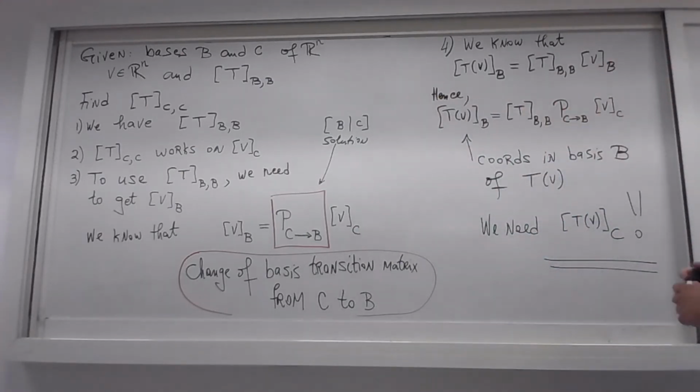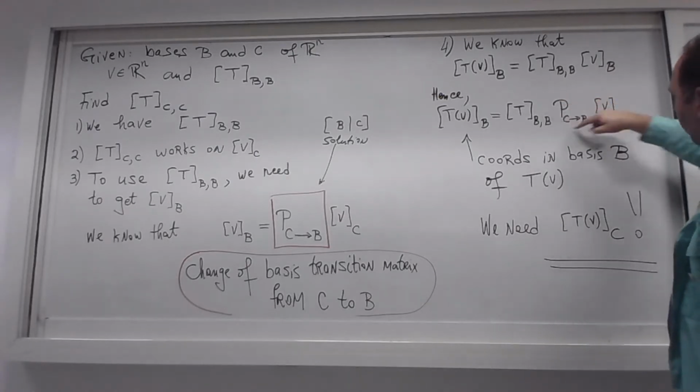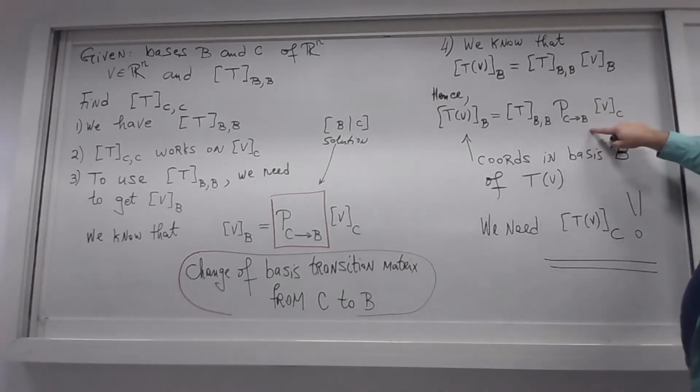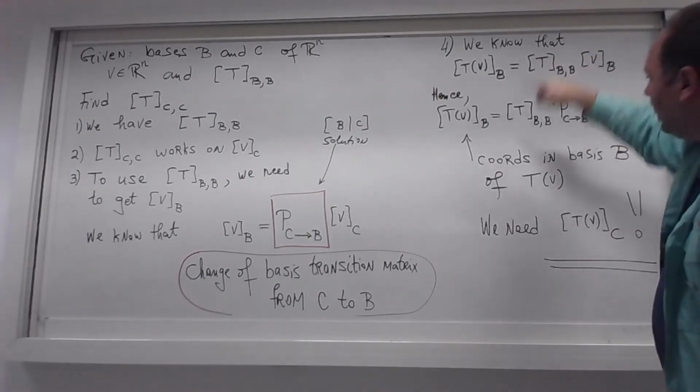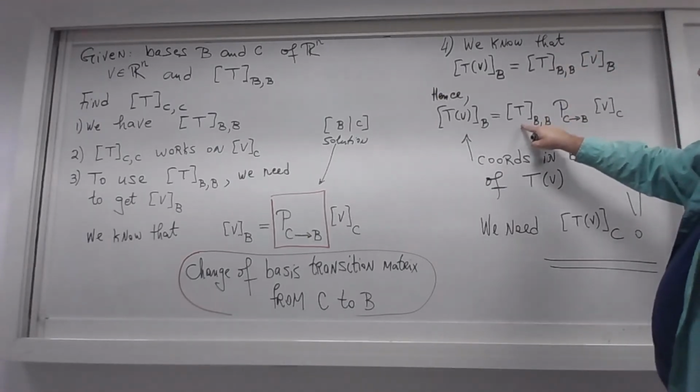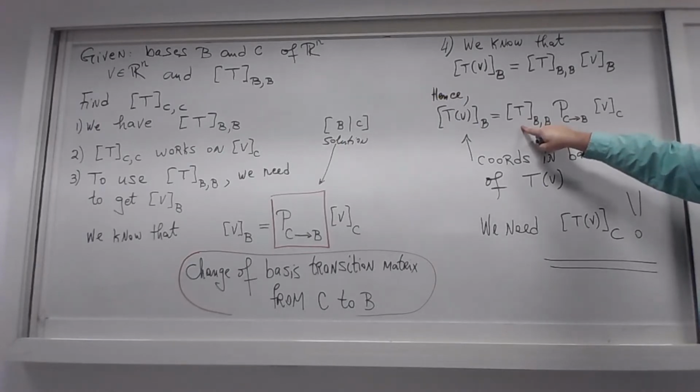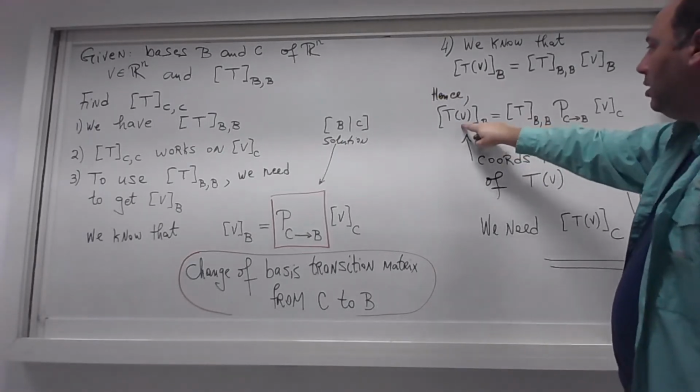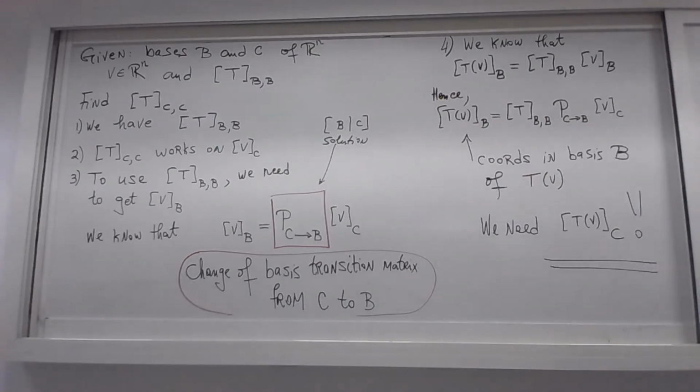Just plug and play. So now I have the coordinates in basis C as input, then I convert them by this transition matrix into coordinates in basis B, and then I multiply them by the representation matrix, and what I get as a result are the coordinates in basis B of the image of V under the action of T.